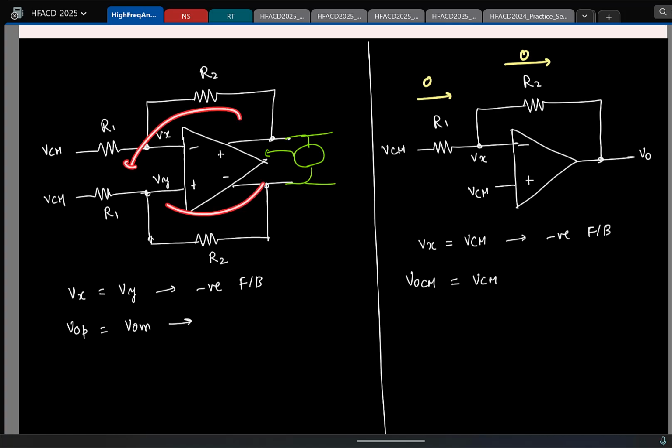As of now, the feedback loop I have is only saying that the differential signal is 0. Or in other words, it is active for differential mode signals.